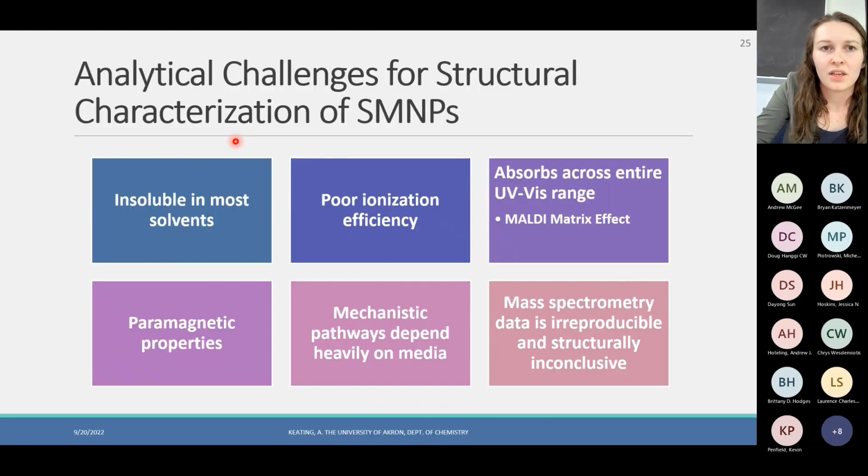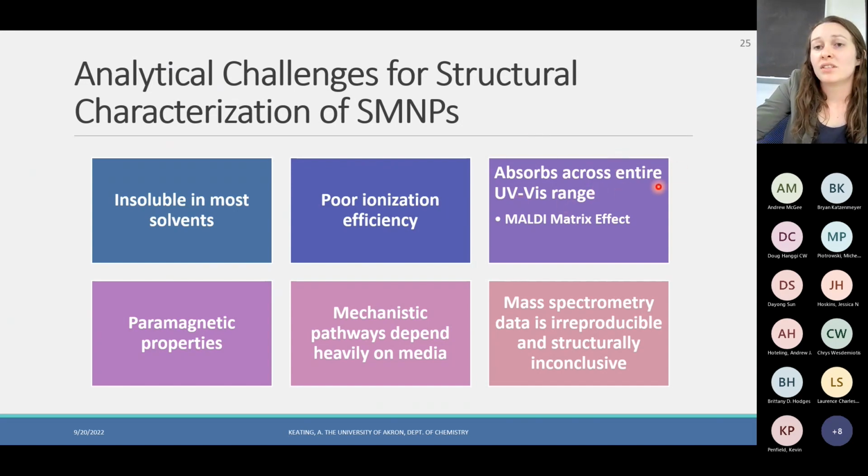The analytical challenges are very wide for these materials. They're insoluble in most solvents. DMSO is one of the few solvents in which you can get partial solvation. They have extremely poor ionization efficiency because they absorb radiation and thermal energy so well. They don't want to desorb or ionize as a result.